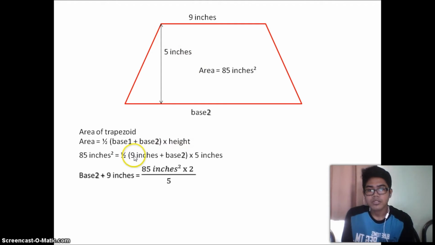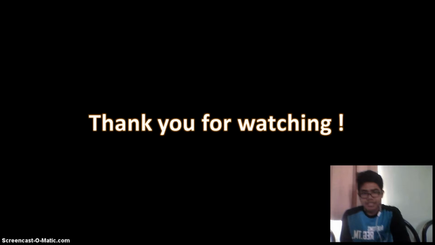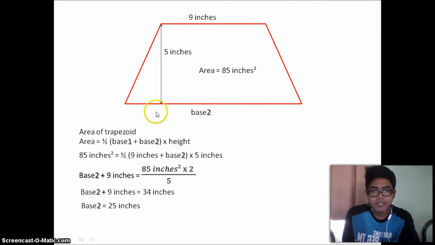So when we calculate it, base 2 plus 9 inches is equal to 85 inches square times 2 divided by 5, and the base 2 right here for this trapezoid is 25 inches.